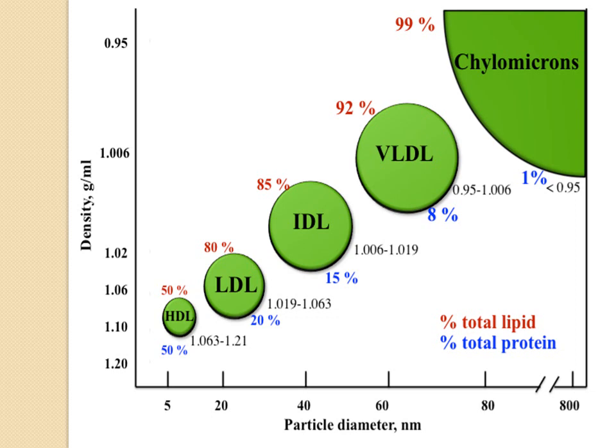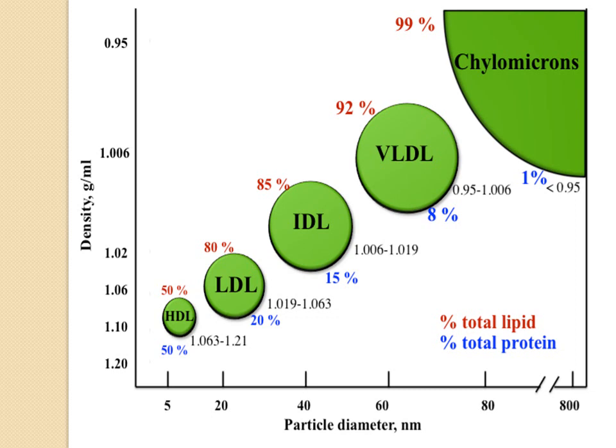The chylomicron contains a higher concentration of triglyceride and a lower concentration of protein, so the density will be lower than the others and the size will be bigger than the other lipoproteins. Note that the size is graded according to the concentration of protein. As the concentration of protein increases, the size of the lipoprotein decreases, and as the concentration of triglyceride decreases, the size of the lipoprotein also becomes smaller.